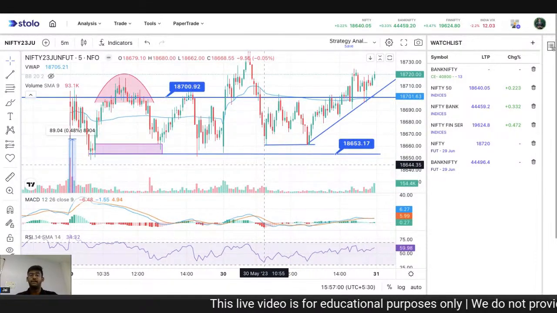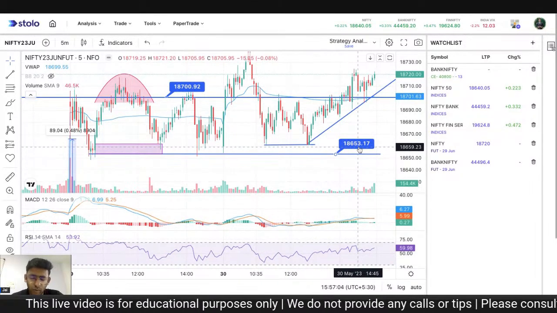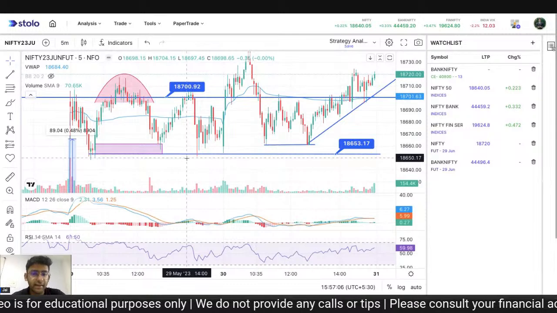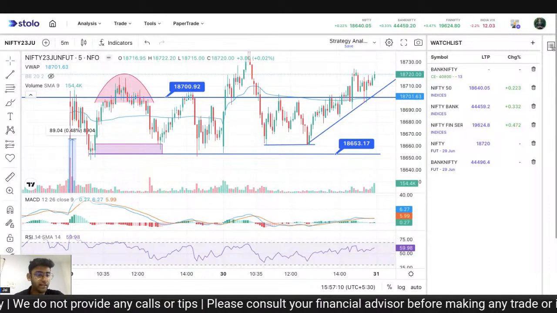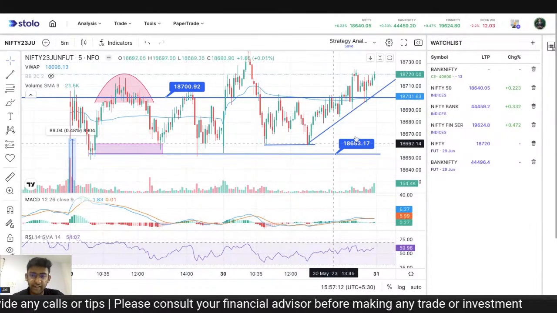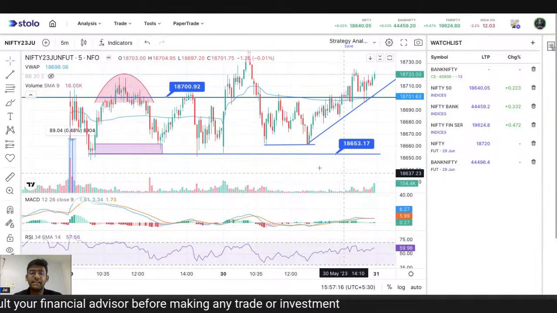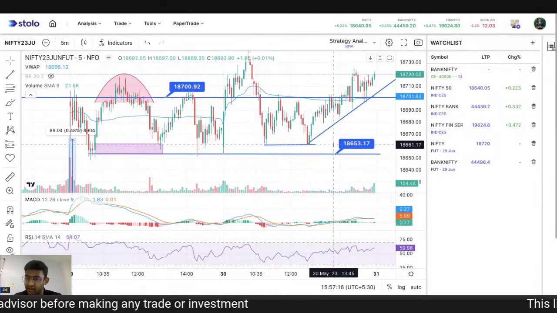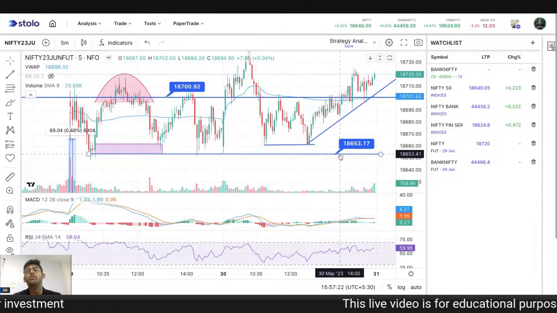So at least by chart analysis, 18,653 should be a very good support because we see it going up from that particular level. It is currently not breaking out of the 18,653 level. Only once it neatly breaks out of it, we know it could head a little lower. Until then, we see this being a very good support.